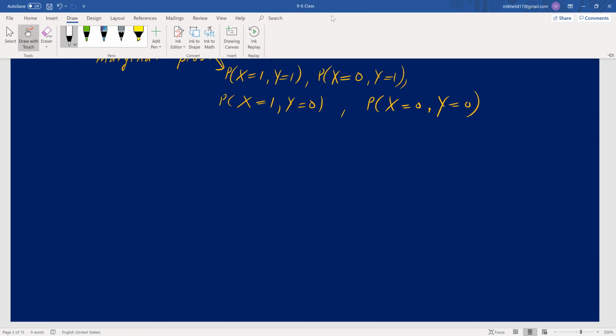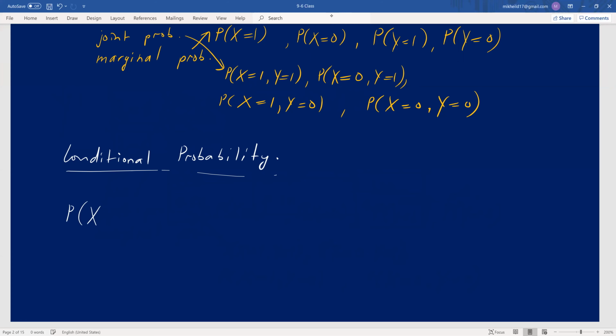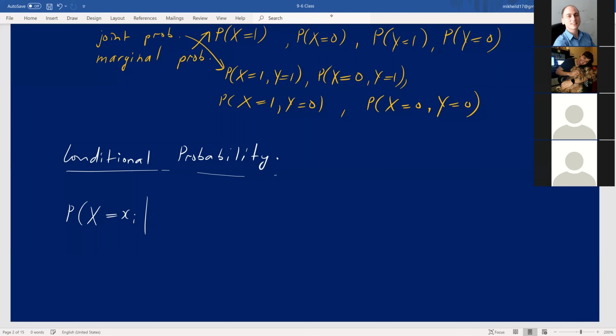So now let me introduce a new concept, conditional probability. An example is the probability of X equals xi, this is a general expression, conditional on y equals yj.